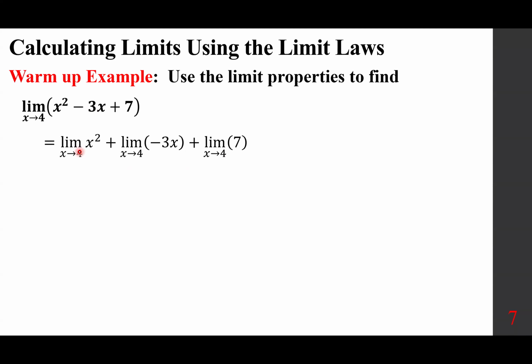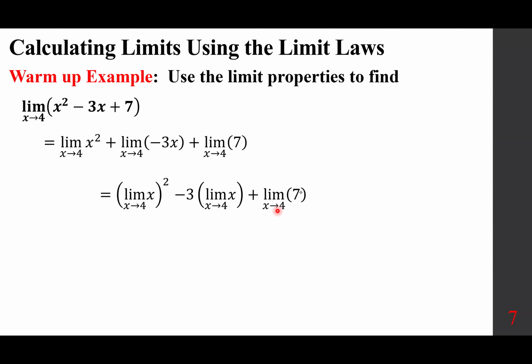This one is the limit of x as x approaches 4, quantity squared. This one, the negative 3 comes out. Now, according to the limit laws, you have to go this far, and now you can replace these by 4. So you get 4 squared minus 3 times 4. This is a constant, and I've mentioned that x approaching any number makes no difference.